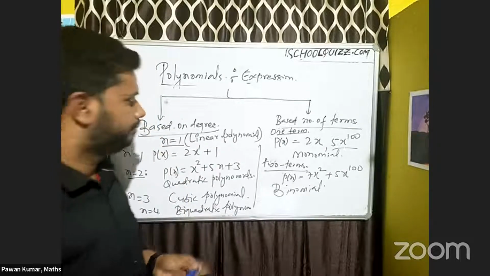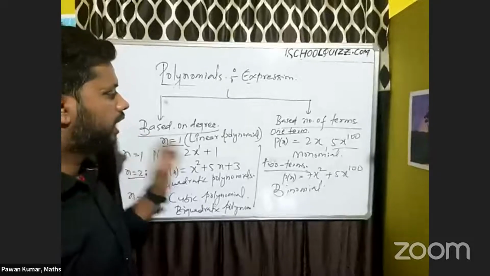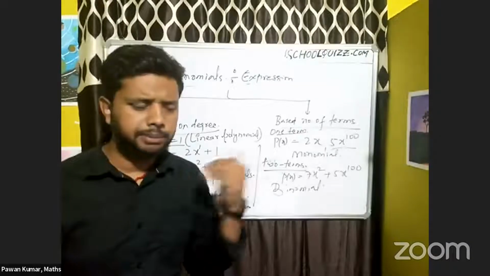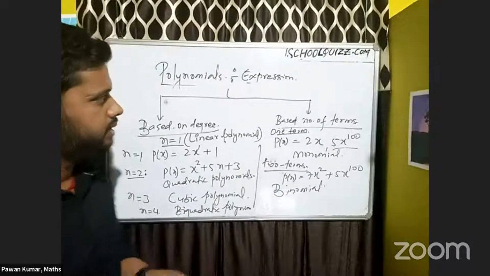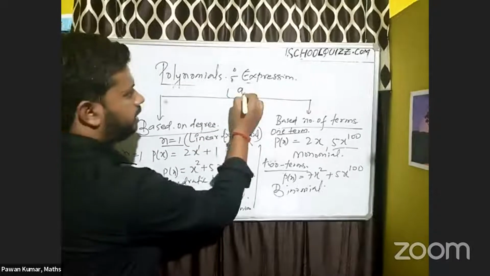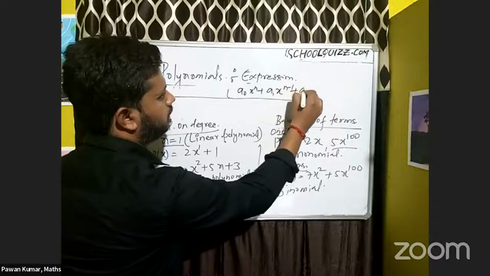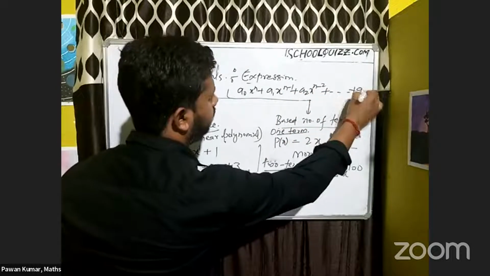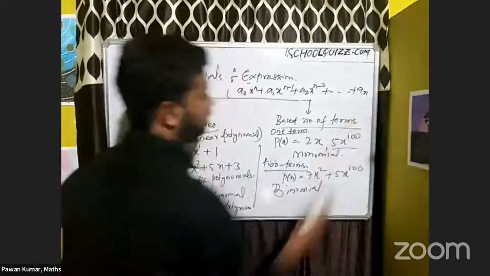And one more thing. Suppose somebody asks you how many minimum terms are there in linear polynomials. As I mentioned here, a0 x to the power n plus a1 x to the power n minus 1 plus a2 x to the power n minus 2 plus dot dot up to an, the last term.